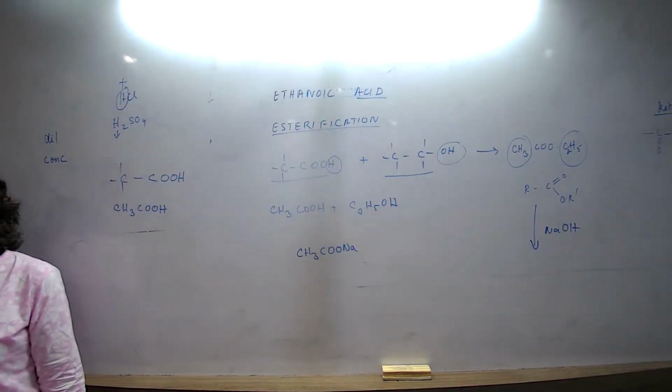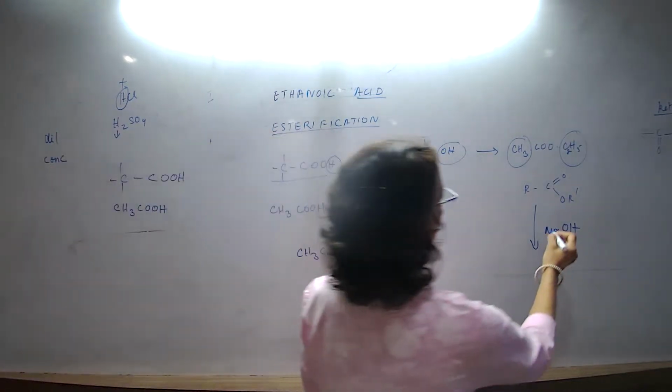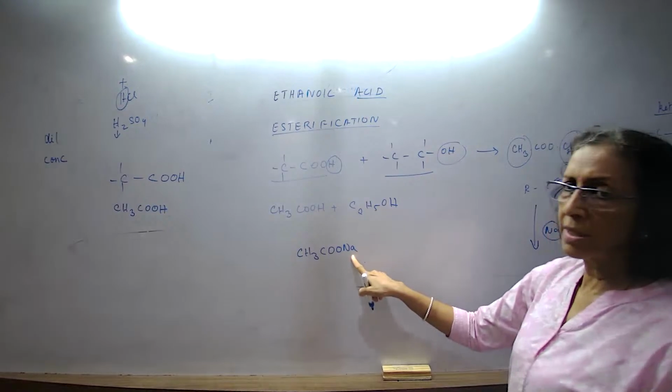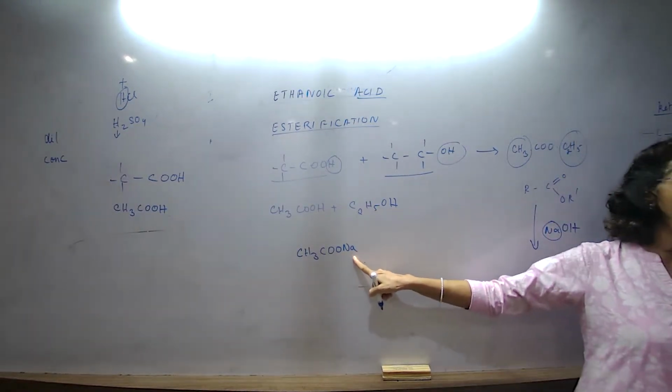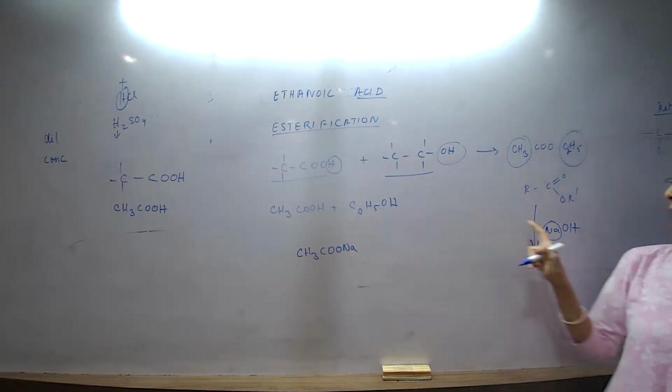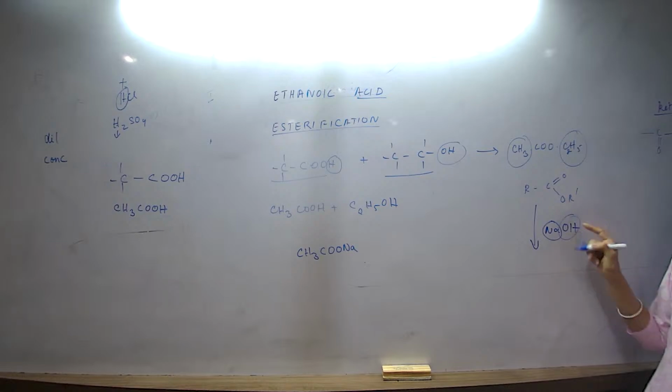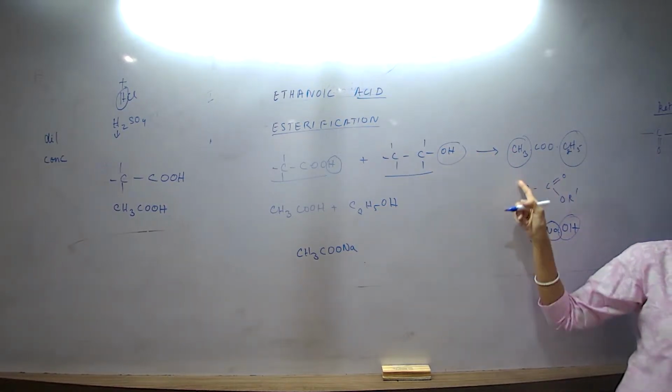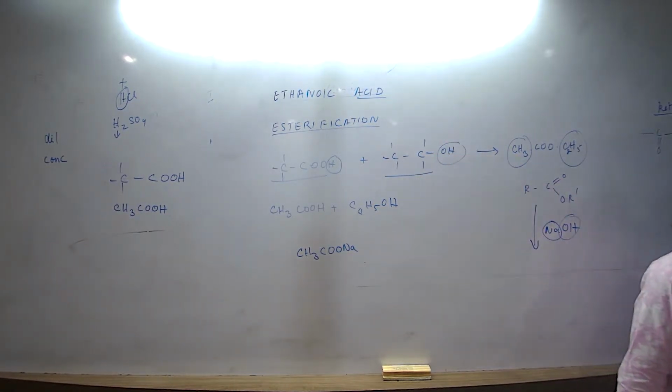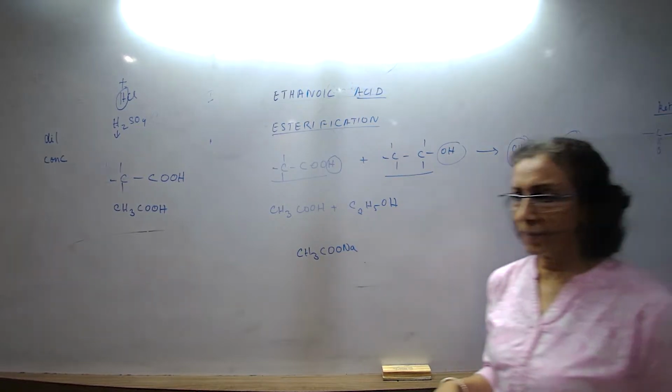Did you see what is happening? This sodium is once again coming here, forming the sodium salt of the carboxylic acid, and the OH part gets added on here and it forms ethyl alcohol. That is the reverse reaction.